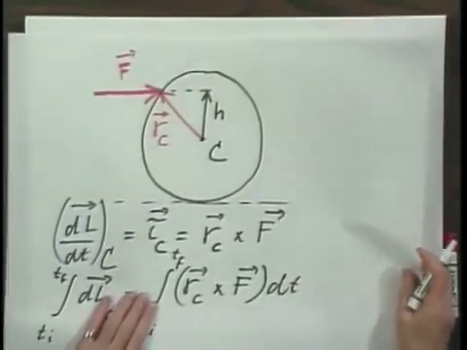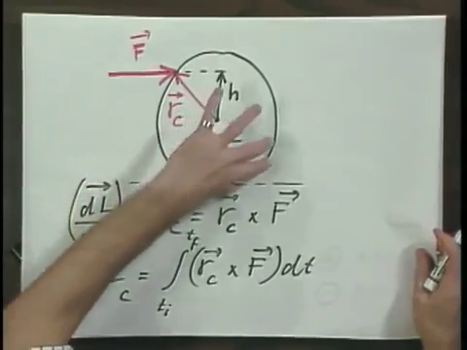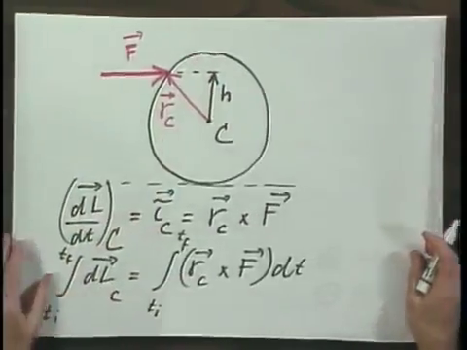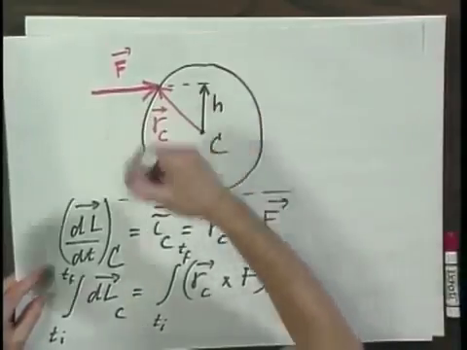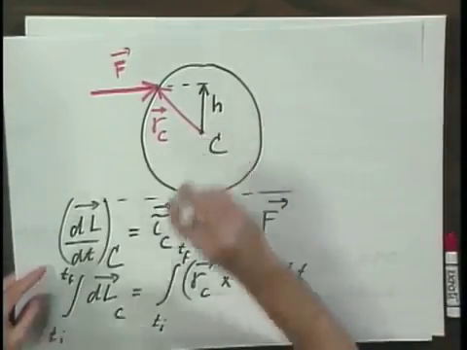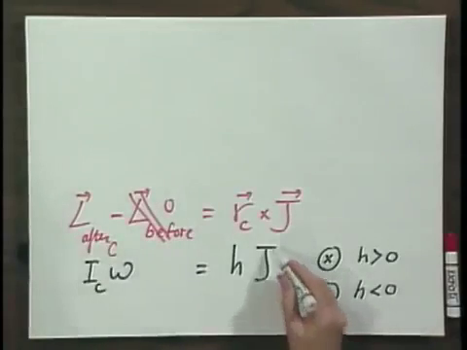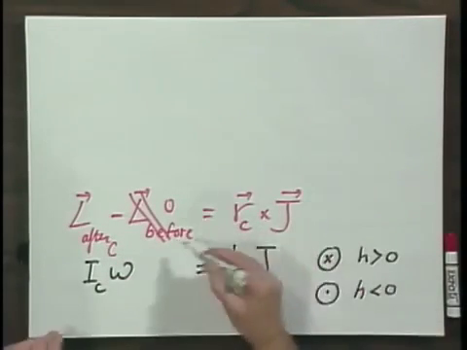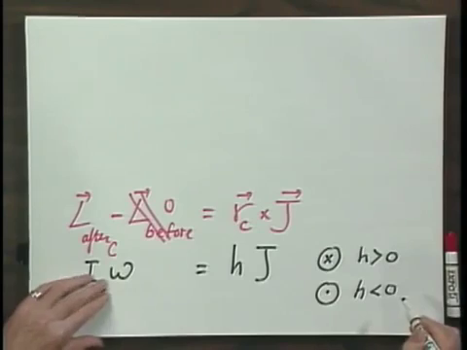If I hit the ball here, it will start to rotate in this direction. And if it rotates in this direction, the angular momentum vector about point C is up. So these are the magnitudes, and here you have the directions depending upon H.